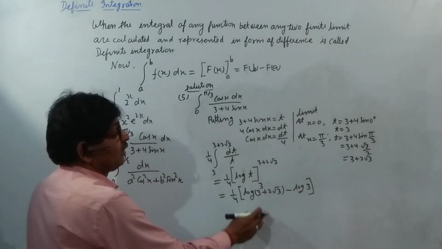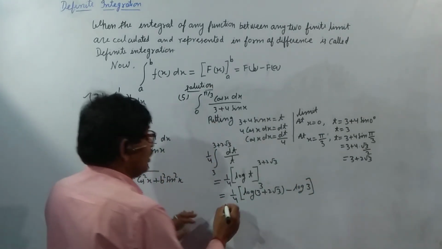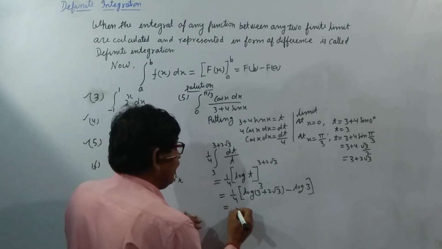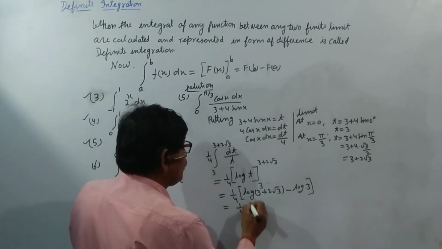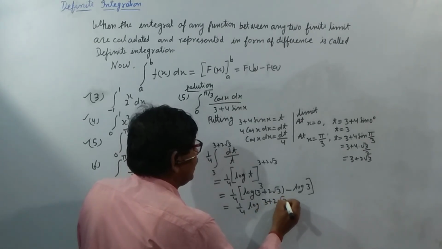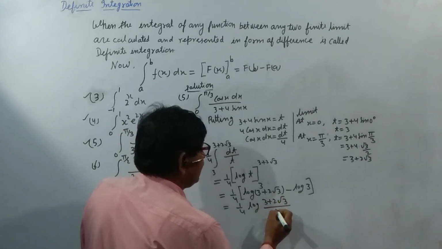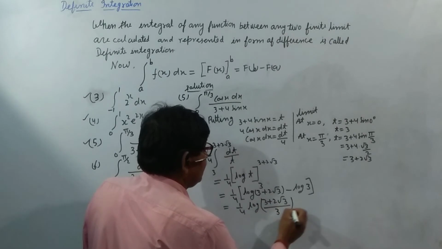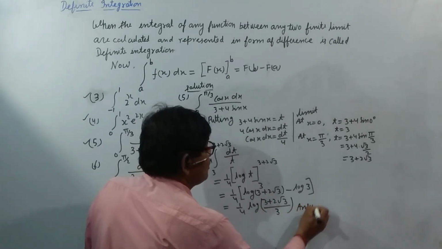Log m minus log n equals log m by n, so it is 1 by 4 log of (3 plus 2 root 3) divided by 3. This is our answer.